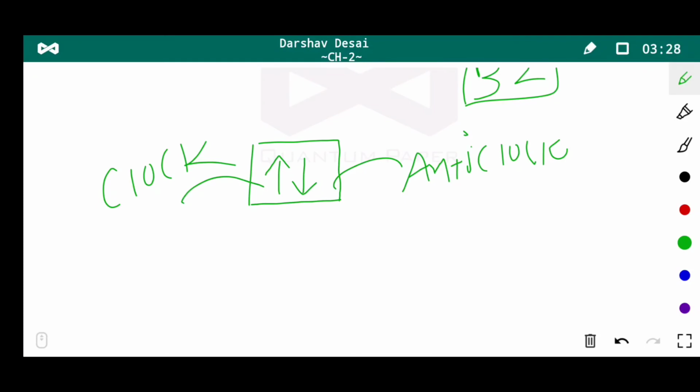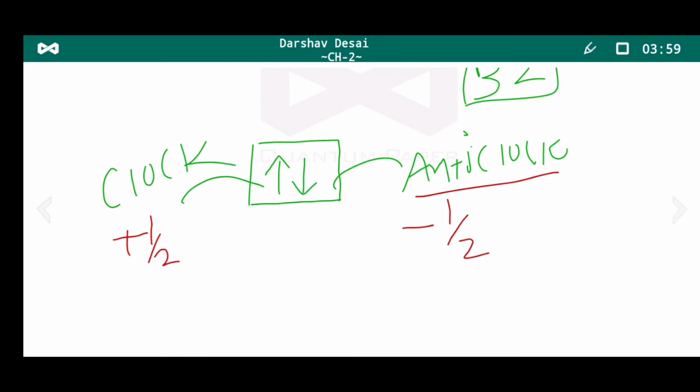Okay, now we know that when electron is rotating clockwise, the value suggested by these two scientists is plus 1 by 2. Clockwise means positive value plus 1 by 2, and another value suggested, that is opposite to plus 1 by 2, that is minus 1 by 2. These two values are suggested, plus 1 by 2 and minus 1 by 2.